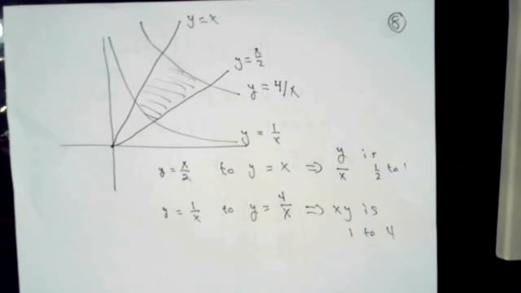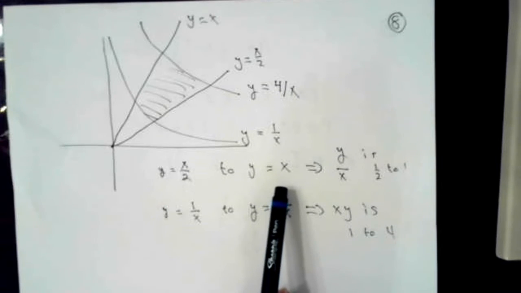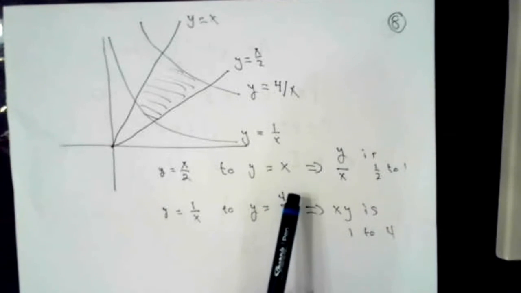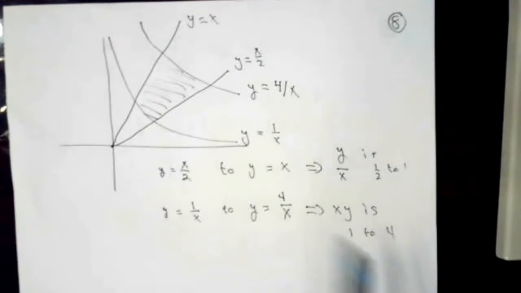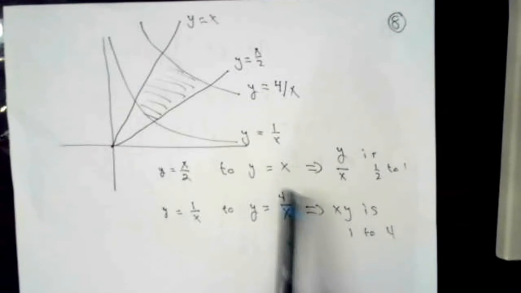Part of my boundary is formed by y equal x over 2. Part of it's formed by y equal x. For a given x number, every point in my region is going to be between x over 2 and x. If I form the quantity y divided by x, that will vary from 1/2 to 1. So obviously, I'm going to name one of my variables.